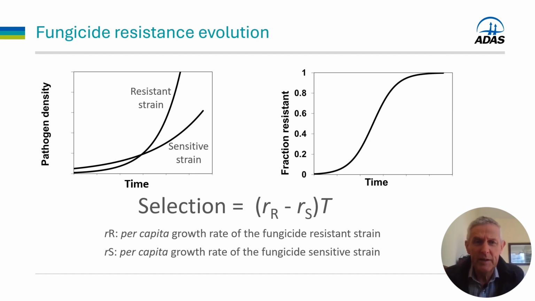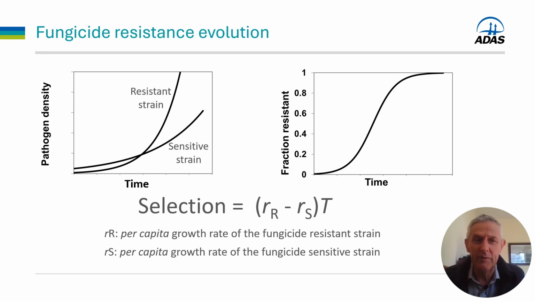So what we looked at in that fungicide resistance video was the case where in the left-hand chart we have a population of strains of the pathogen that are sensitive to a fungicide, and then a newly emerged mutated resistant strain. And in the presence of the fungicide, that resistant strain clearly has a competitive advantage.